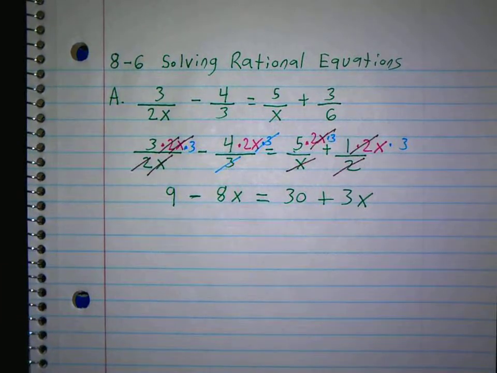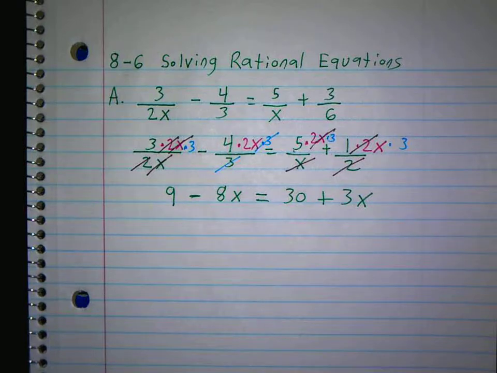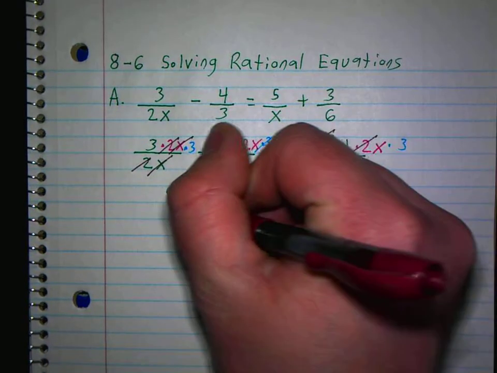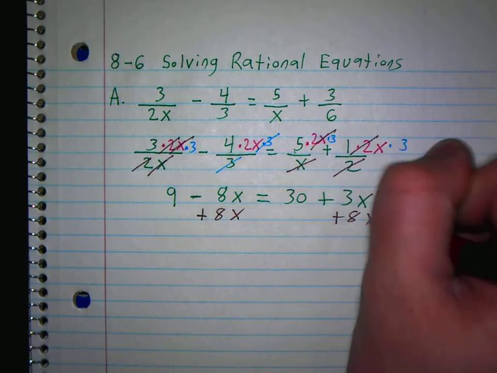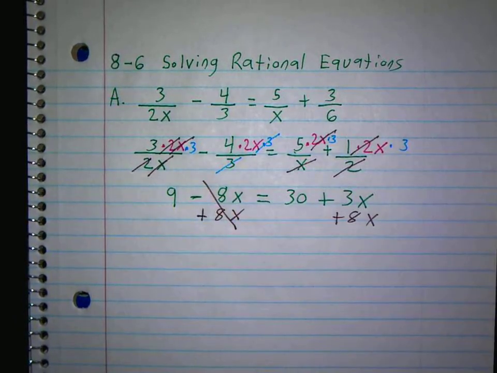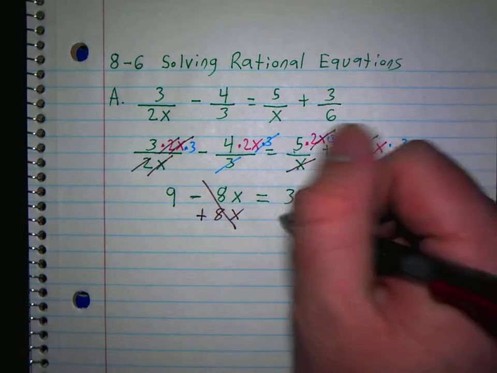Alright, from there we're down to a 2-step Algebra 1 problem. The rest should be a piece of cake. So you may recall from Algebra 1, when you have something that looks like this, you get all the x's on one side, all the numbers on the other. So an example would be, I could add 8x to both sides to get rid of those, and then subtract 30 from both sides.